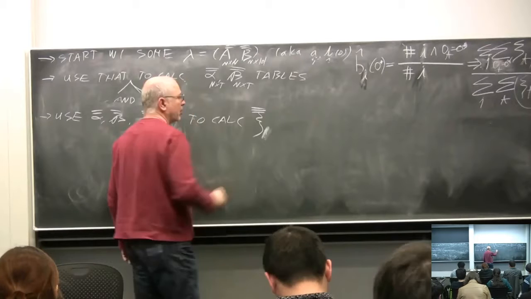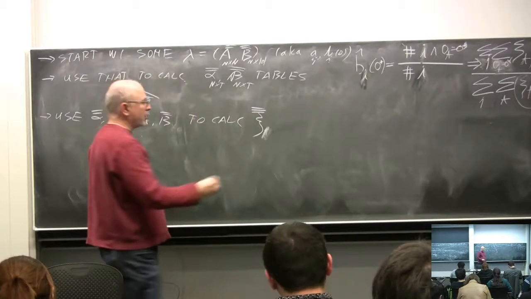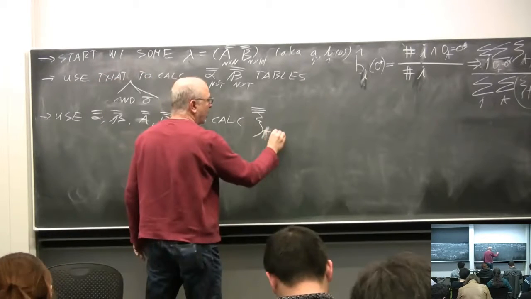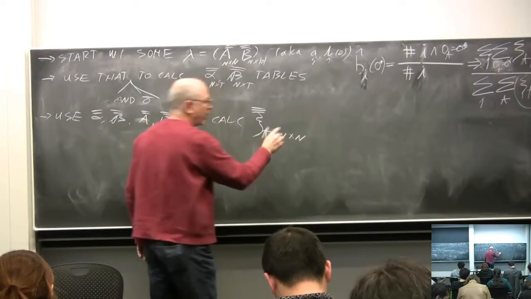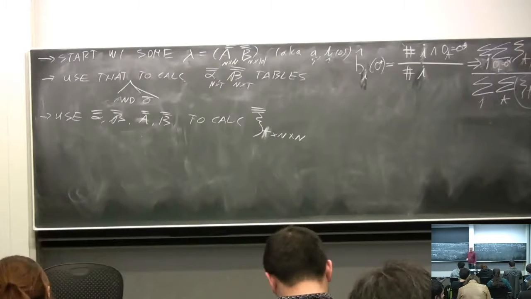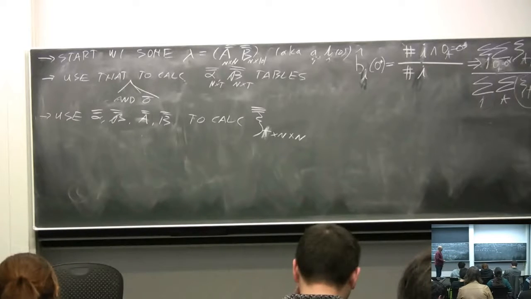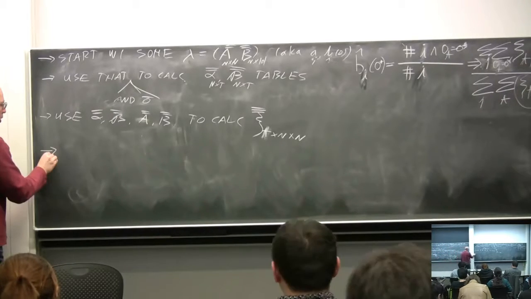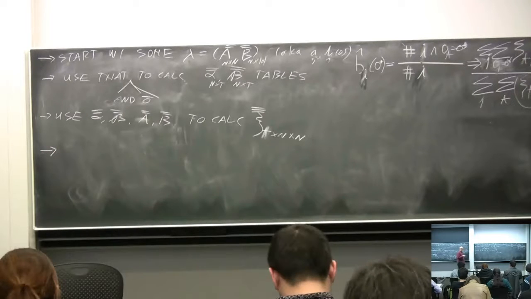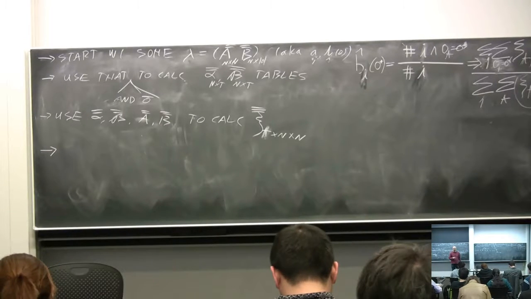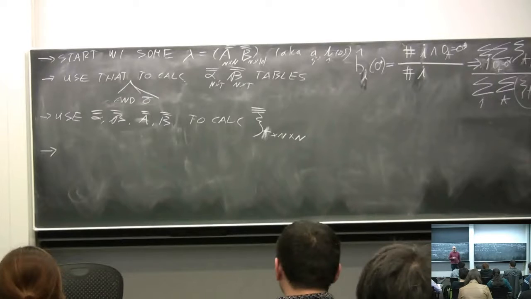And the chi is a triple table. It's T by N by N. It has 3 indices. And what's the last thing we do? We re-estimate the A's and the B's in terms of the new psi.